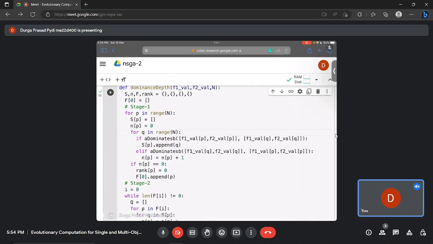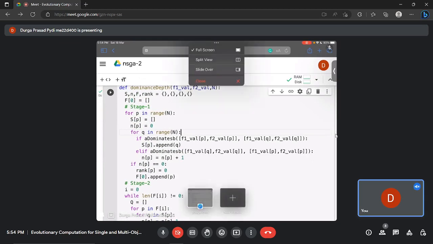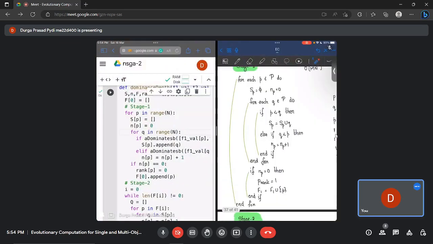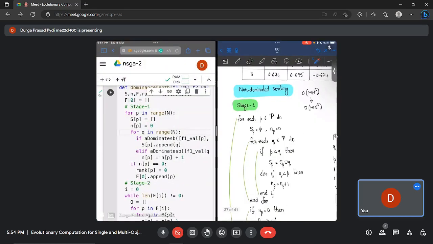It's the same algorithm, so I'll put both of them side by side. If you see the algorithm, the first step is for each P belonging to capital P. Instead of that, here we write a for loop for small p in the range of n, where n is your population size.